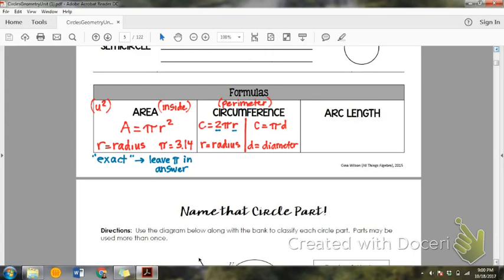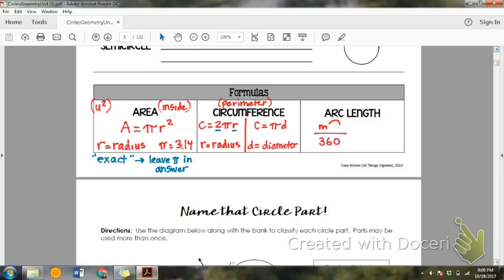And lastly, to find arc length, we're going to set up a proportion. Okay? So to find the arc length, which doesn't mean the degrees, so when we were doing the measurement up above, arcs are always measured in degrees, okay? But if you want to find the length of the arc, which is like feet or inches or whatever, we have to work out a formula. So we're going to say the measure of the arc over 360, right?